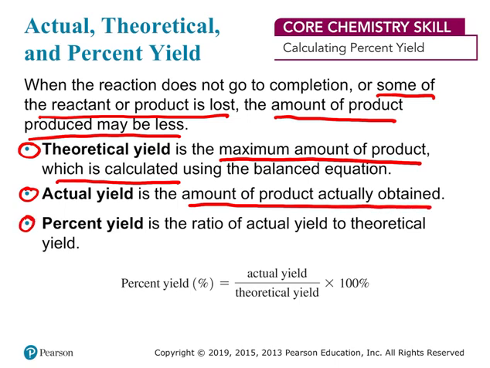And your percent yield is the ratio of your actual yield to the theoretical yield. That's shown down below. So percent yield is equal to your actual yield, what you actually made, over the theoretical yield, or your calculated amount. Then we just multiply that ratio by 100 to get our percent.